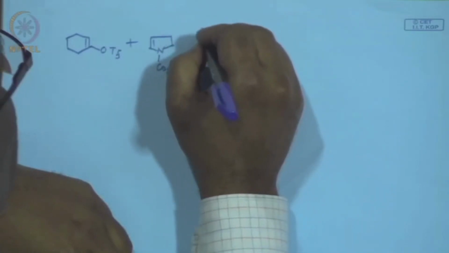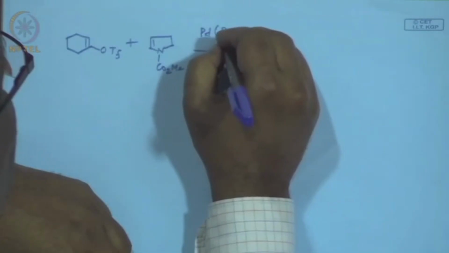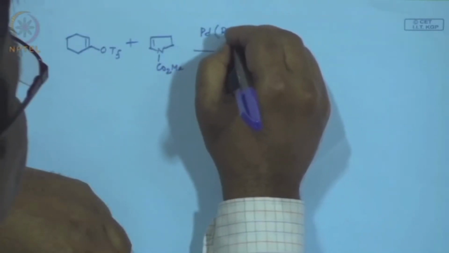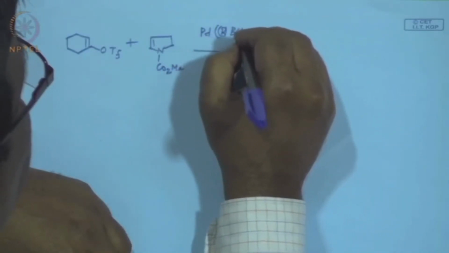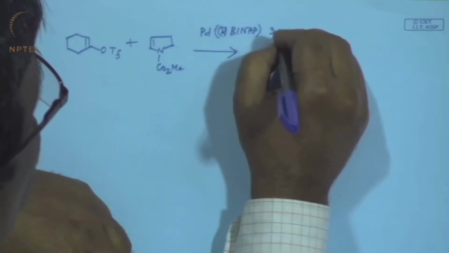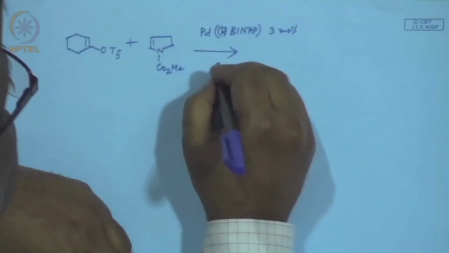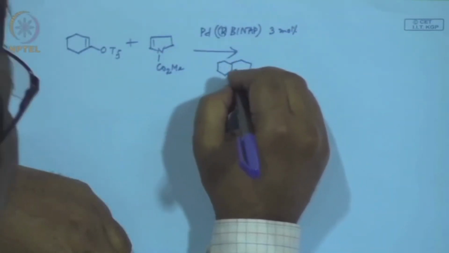In this case, palladium 0 with R-BINAP, this is only 3 mole percent, and there is an amine, there is a cyclic amine.